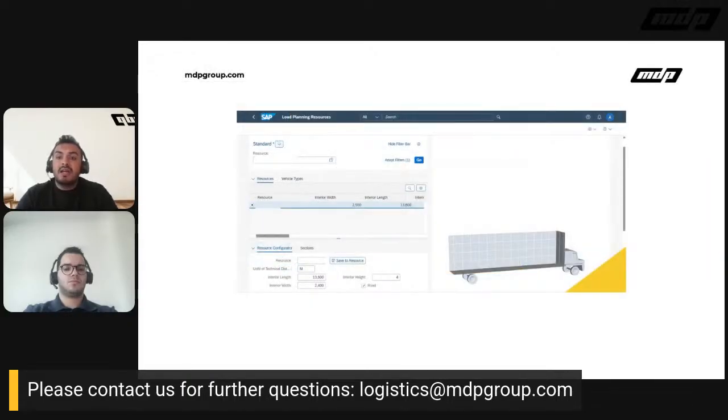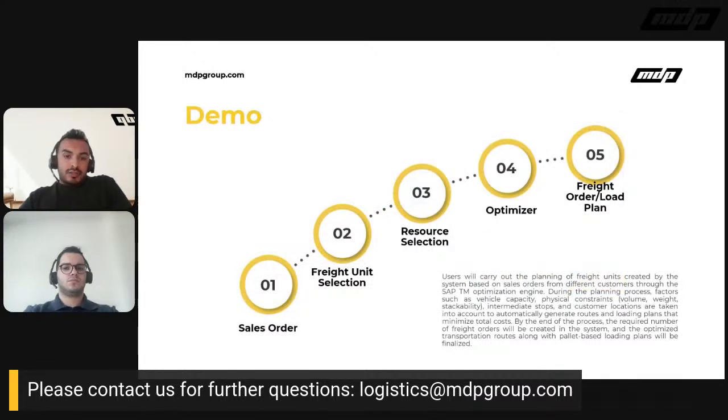And the vehicles are 3D. You can have 3D images of your resources, and this also increases efficiency and the accuracy of planning. So in the demo that Umut is going to show you shortly, you will see a sales order that has a number of freight units, and we have multiple resources.